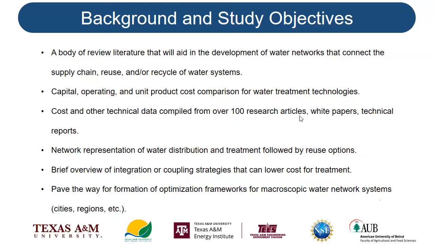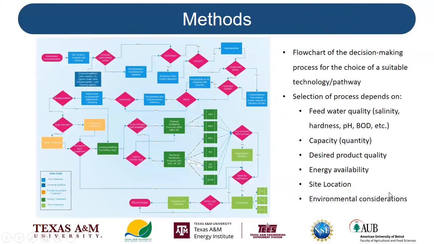The chart on the left shows a high-level hierarchical structure of flowchart for decision-making process. This was for the choice of a suitable technology and a pathway for treatment of the water.